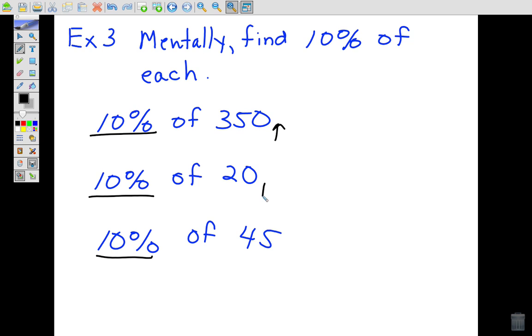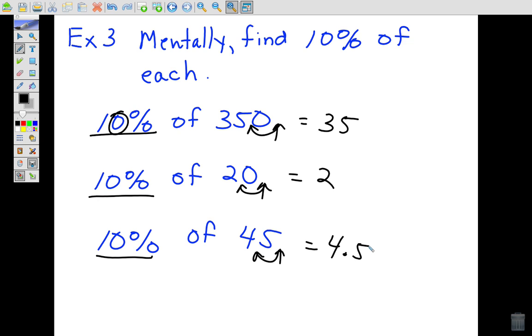Remember, it's always to the far right in a whole number. And you simply just move it one time. Why once? Because there's just one zero in 10%. So 10% of 350 is 35. 10% of 20 is 2, or 2.0. 10% of 45 is 4.5.